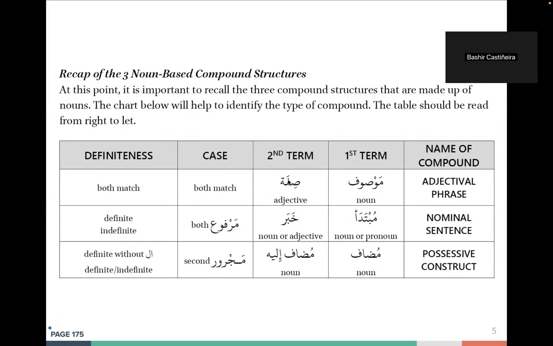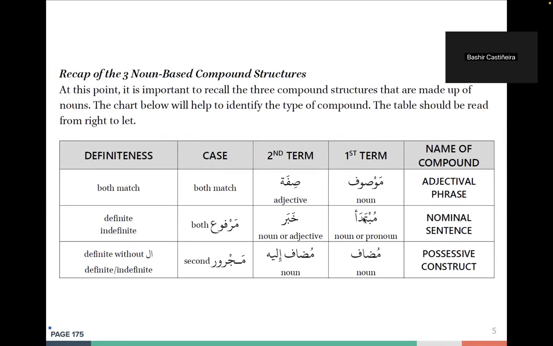This has to be masculine also, كريم. رجل is indefinite because of the tanween, so كريم must also be indefinite. It has to be singular, because this is singular, and also مرفوع. It has a ضمتين in this case, so it's مرفوع.